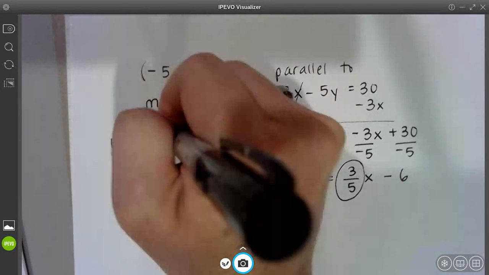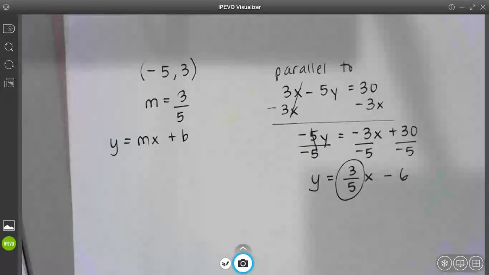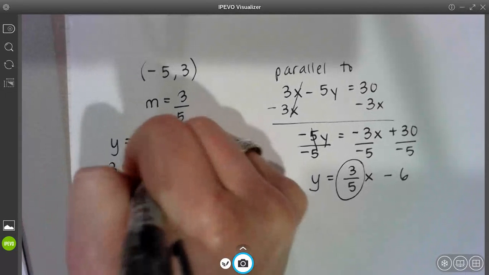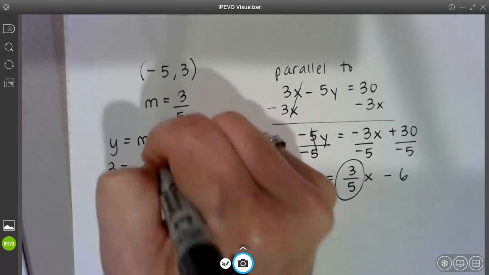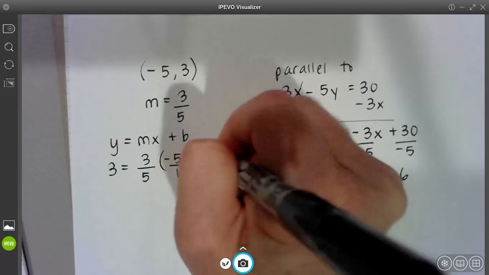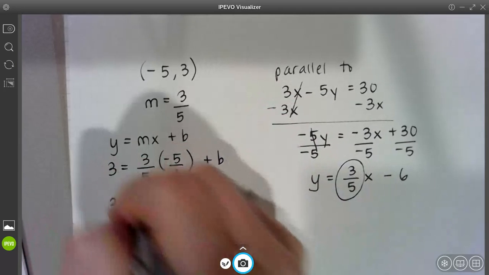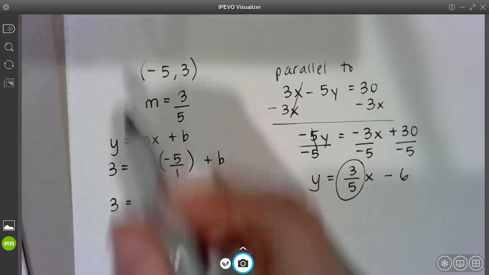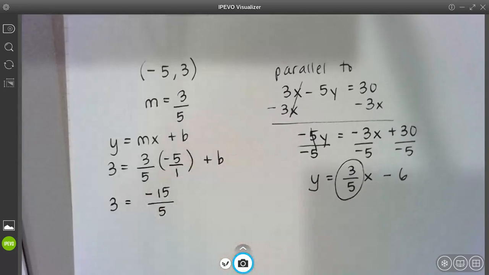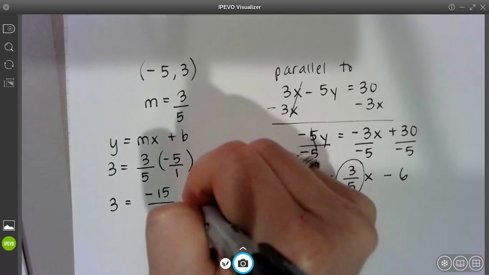All right, so we got +3 going in for y, we got 3/5 going in for m, and we have -5 going in for x, put it over 1, and then plus b. All right, so 3 is equal to, that's going to be -15 over +5, which is actually -3.